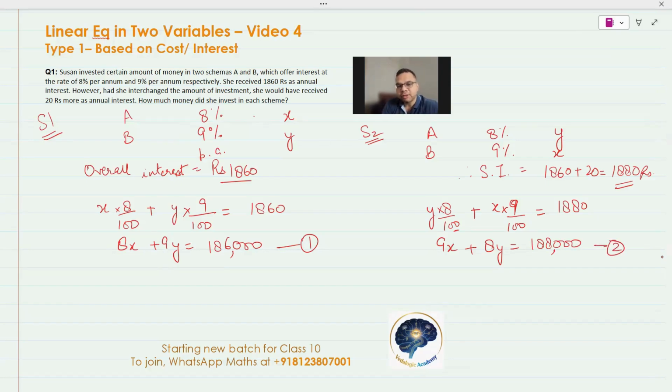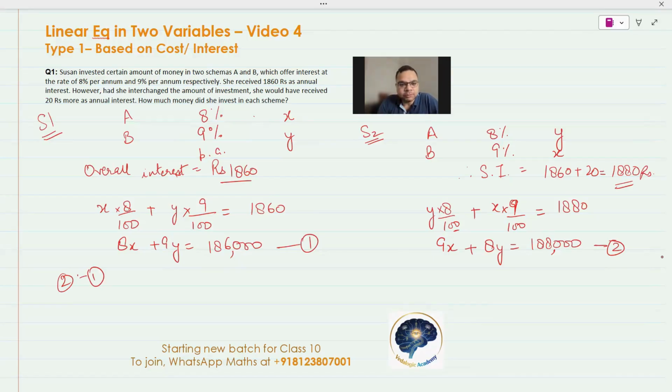There are different ways to solve it. What I'm going to do now is use the first and second equations both, and I'm going to subtract the first equation from the second equation, because I want x to be positive; that's how I like to solve it.